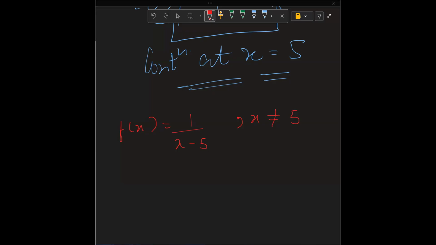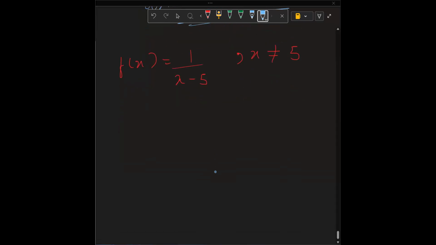One more thing: in these types of questions, when you do not have any particular x on which to check, you can assume you have to check at x equals c. If you have not been told to check at a particular x, like x equals 5 or x equals 1, then take a constant number x equals c and check on that.